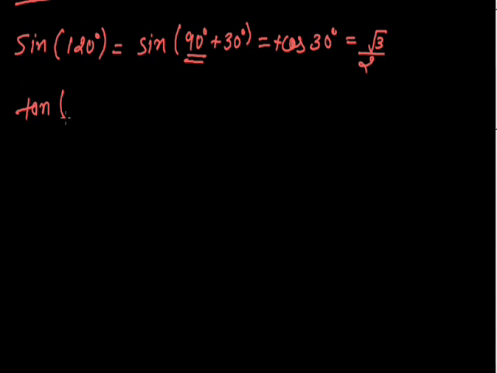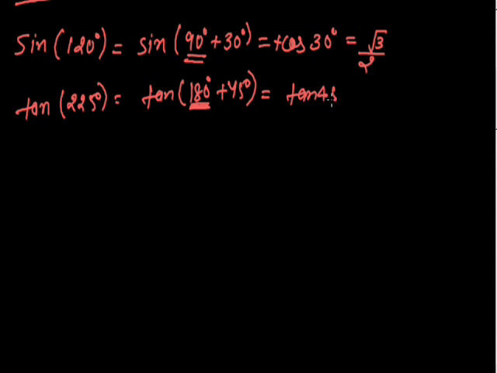Now for example, if we have to find the value of tan 225 degree, tan 225 degree may be given as tan 180 degree plus 45 degree. Now as there is a multiple of 180 degree, it would be tan 45 degree, and it is falling in third quadrant, where tan is positive, so it would be plus 1 only.